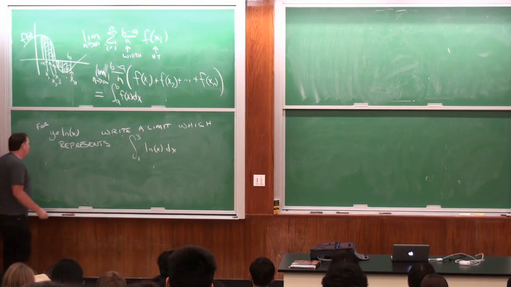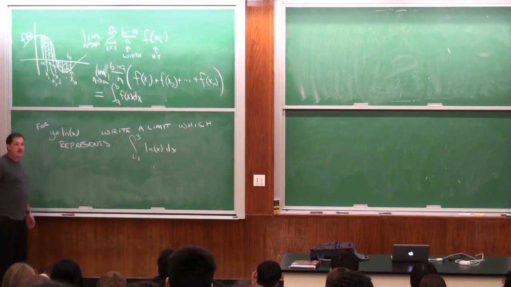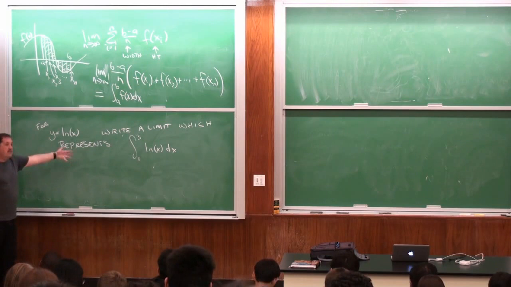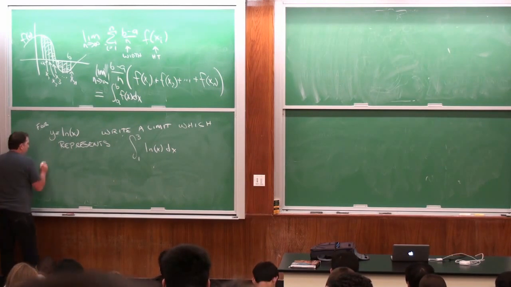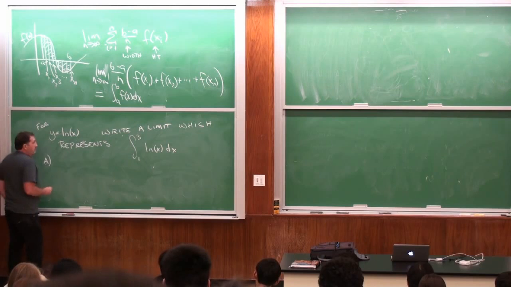Okay, so this is going to be a Clicker question. I'm going to give you some choices. You're going to tell me which one's right, and then I'll tell you whether you're right or not.